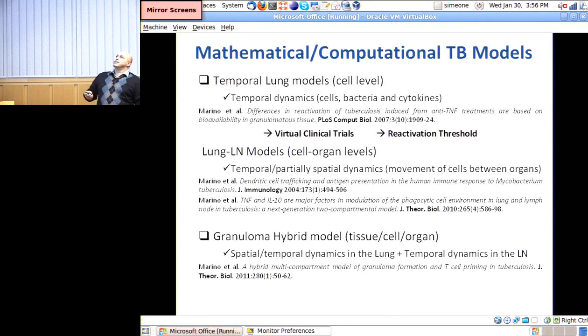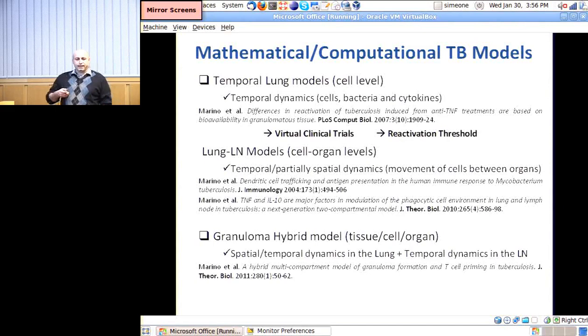In this particular work, we looked at how neutralizing TNF can perturb and basically disrupt the granuloma, which is actually what happens with many of these anti-TNF treatments that are advertised on TV too.